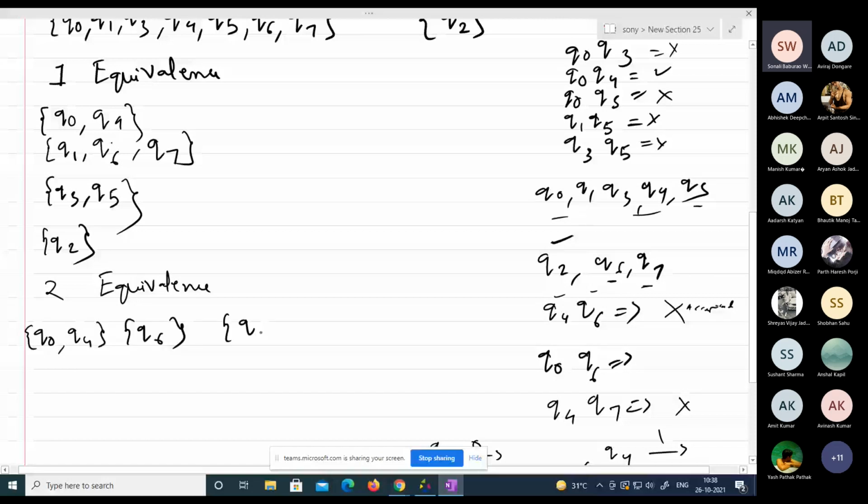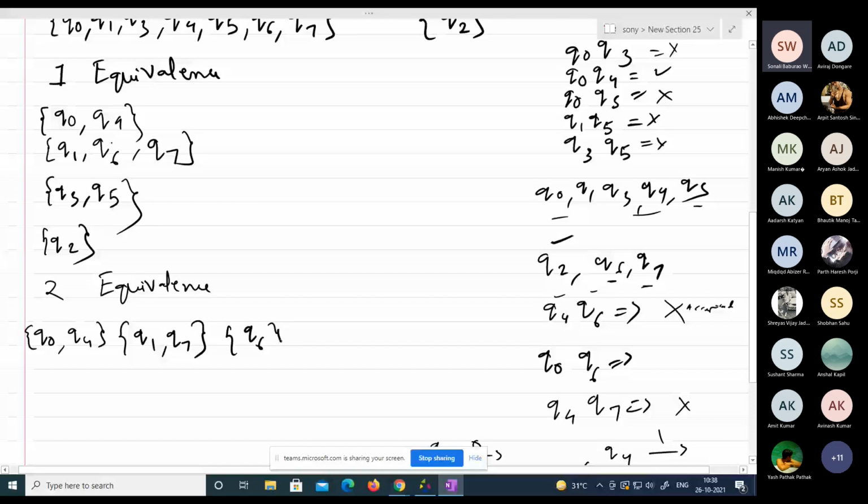Then you have Q1, Q7. Q6 will be placed in some other group. So I'll first write Q1, Q7, then I'll place Q6 in other group. Then I'll write other set of states, that is Q3, Q5. And finally, I have my final state Q2. This is my values after two equivalents.